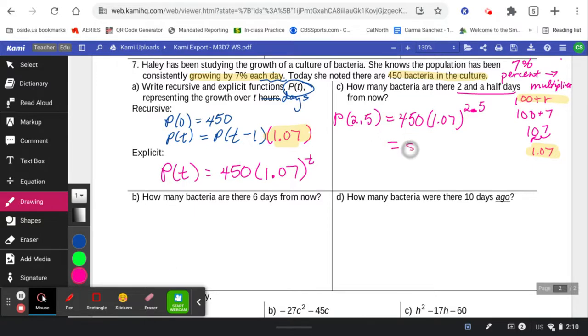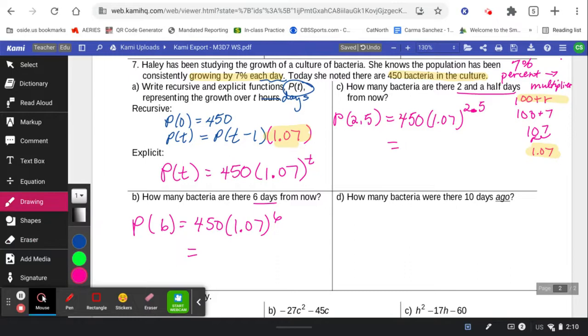You're going to plug that into your calculator, and we're going to check your answers tomorrow. The next one says 6 days from now. So P of 6 begins at 450 times 1.07 to the power of 6. And you're going to plug that in so we can check it for tomorrow.